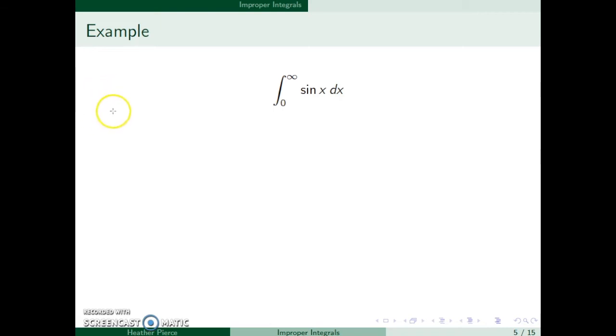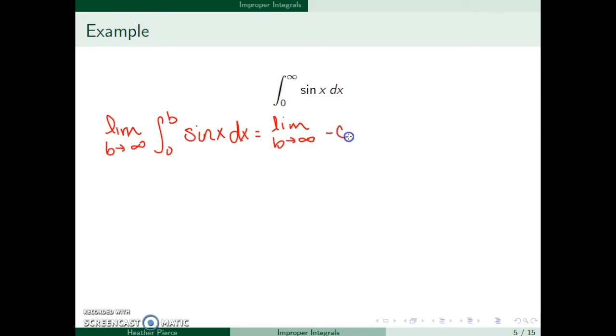Let's now look at this one. So this would be the limit as b goes to infinity of the integral from 0 to b of sine x dx. So this is the limit as b goes to infinity of negative cosine x going between 0 and b.